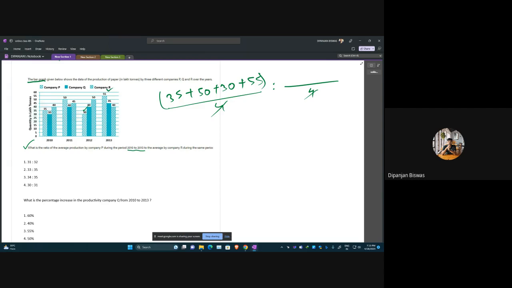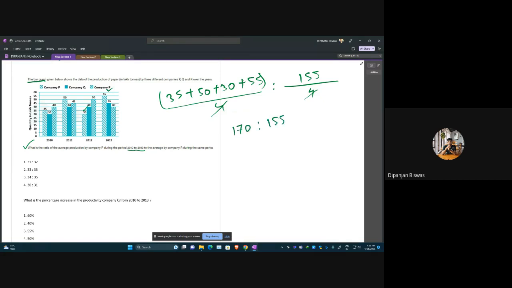Again, for company R, as you can see, 30 plus 40, that is 70, plus 40, 110, plus 45, 155 will be here. So here again, 35 plus 50, that is 85, plus 30, 115, plus 55, so 170 is to 155.